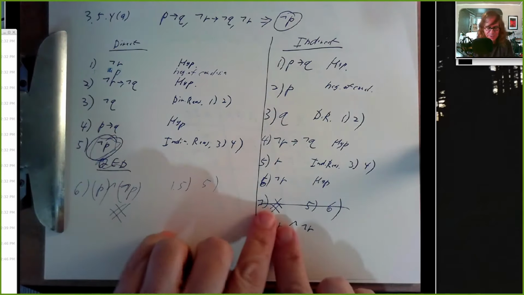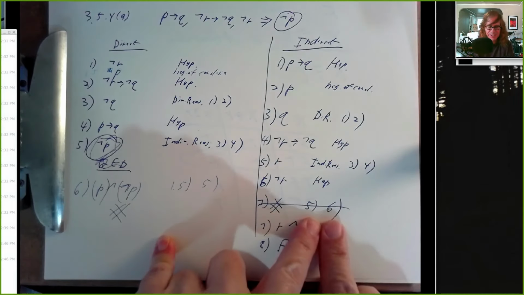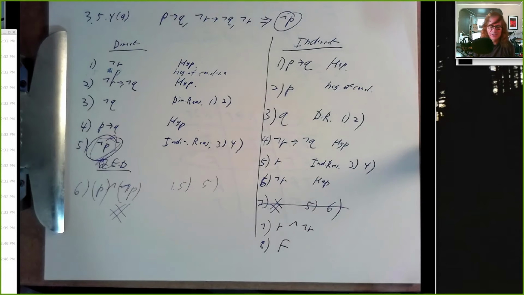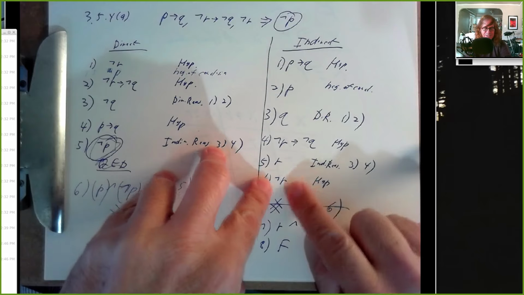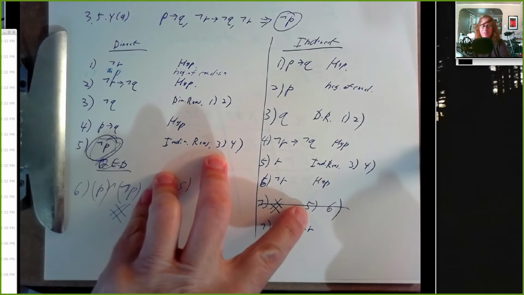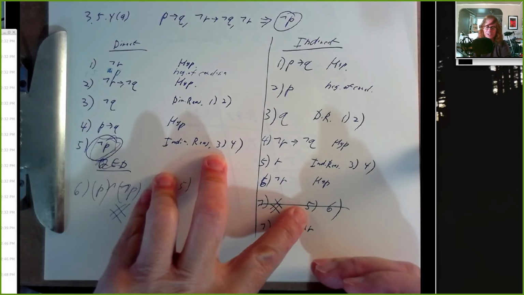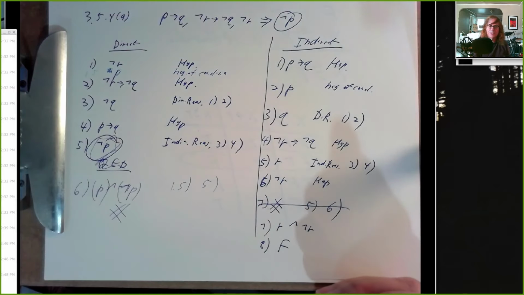But at this point, if you just want to say 5 and 6 contradict each other, and it's really clear because it's R and not R, right, that's good enough. But if you have to do some thinking to see that 5 and 6 contradict each other, keep going with your proof, right, until it's irrefutable to somebody looking at this without doing much thinking that you have a contradiction.